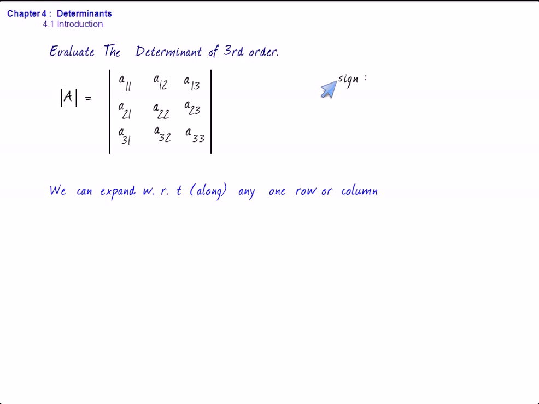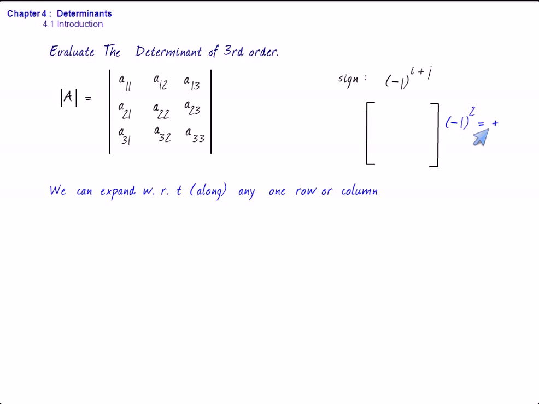The sign is assigned by the convention minus 1 to the power i plus j. Look here. For example, here you have 1, 1. So minus 1 to the power 1 plus 1, that is 2, so minus 1 squared will be what? Plus 1.